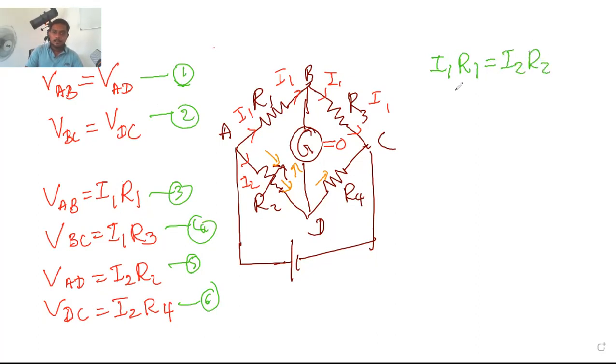So we can write R1 over R2 is equal to I2 over I1. This is equation number 1.